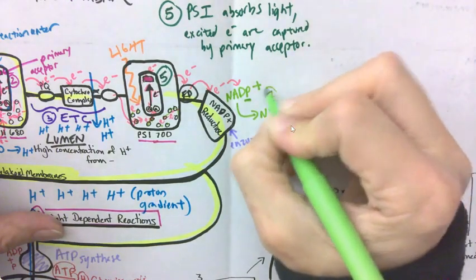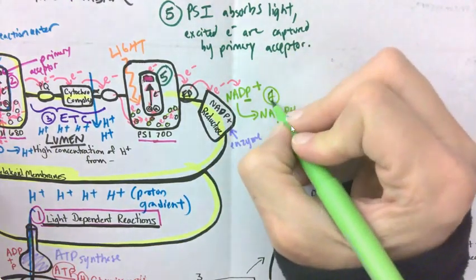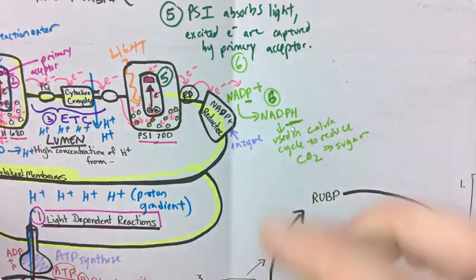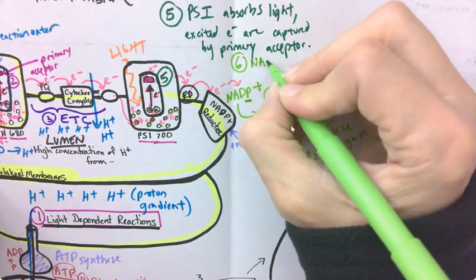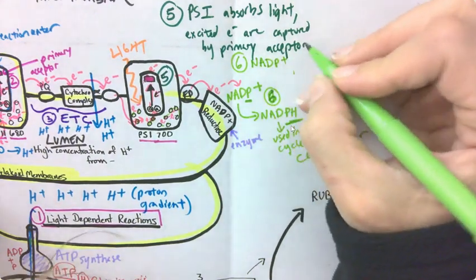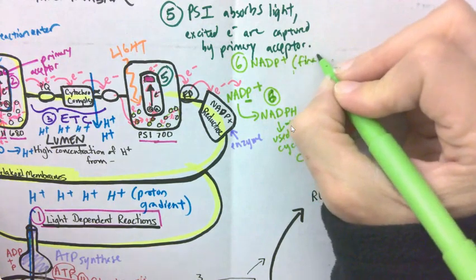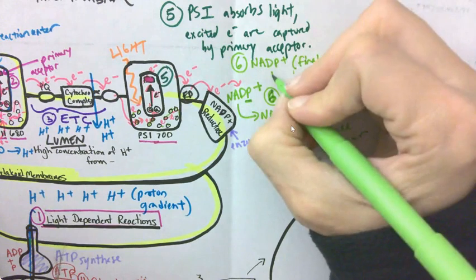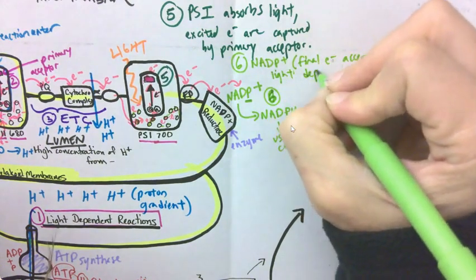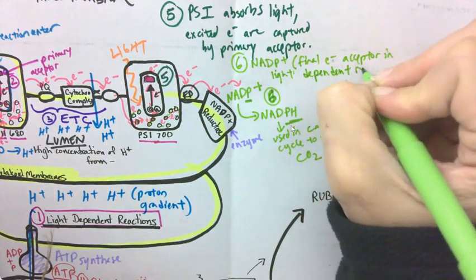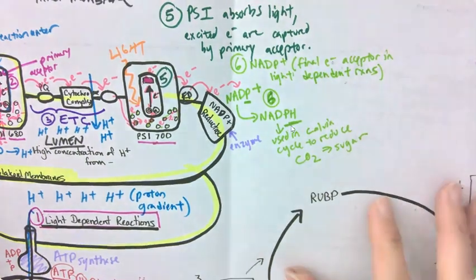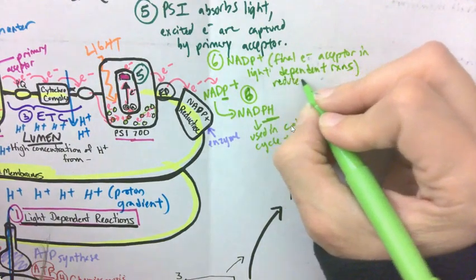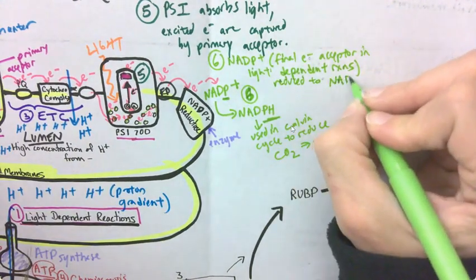That's our last step in the light reactions. Oops, step 6. Step 6 here is when NADP+, which is the final electron acceptor in the light dependent reactions, is reduced to NADPH.